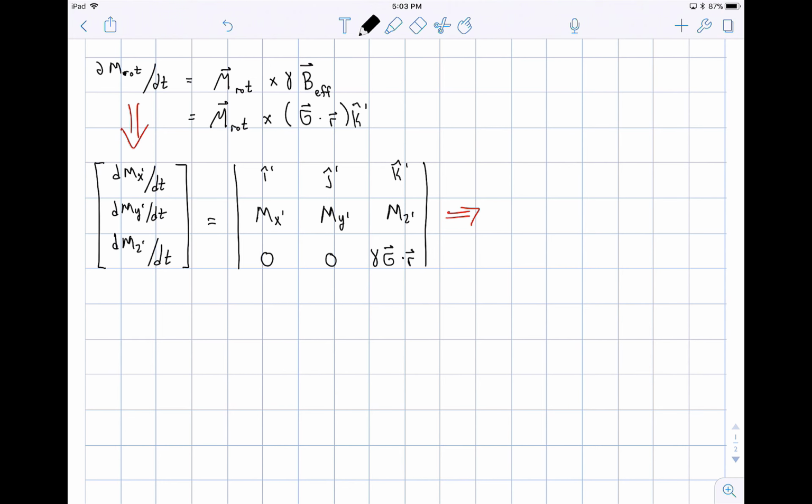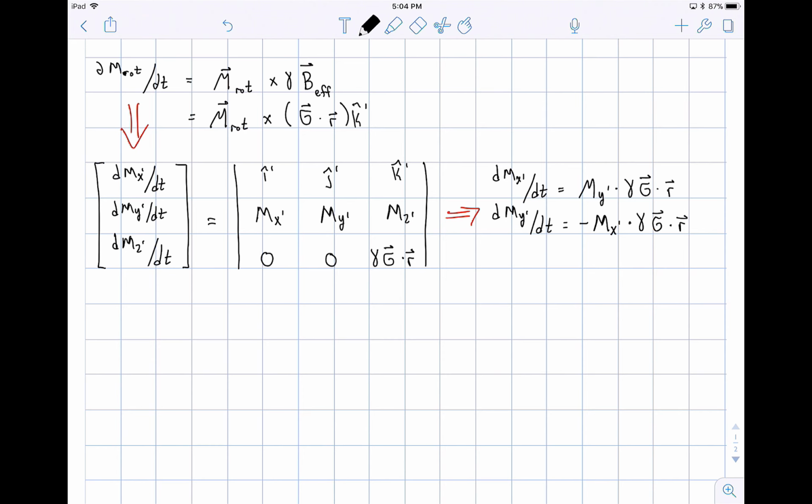And if we carry out the determinant that's inside all of this, dMx'/dt would be equal to My' times gamma G vector dotted with r vector. And then we have dMy'/dt equal to minus Mx' times gamma G vector dotted with r vector. So you can see that coupling again, right?